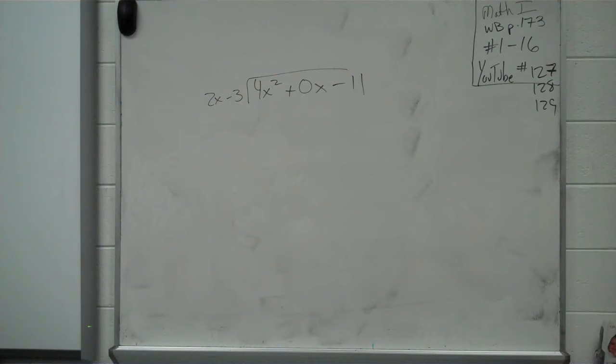What would happen there is those would cancel. So that would just be minus 3. This would be 4x squared minus 6x. This would be plus 6x minus 9. Those cancel out, and you have 4x squared.